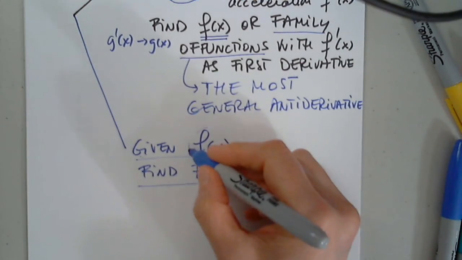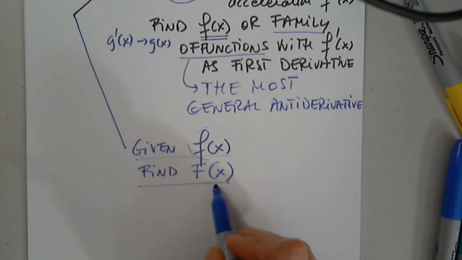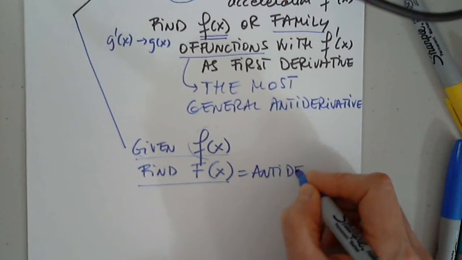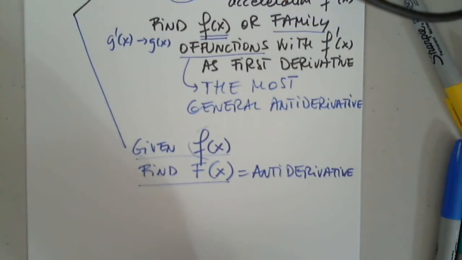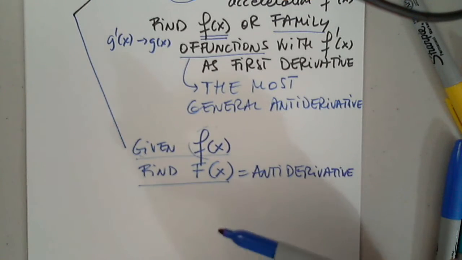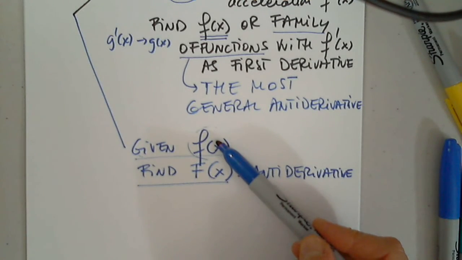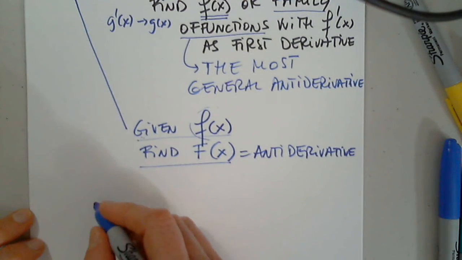So if I'm given a function, I can determine the antiderivative. I could find a family of functions or a function whose derivative is this. Now, let's start with a very simple example.